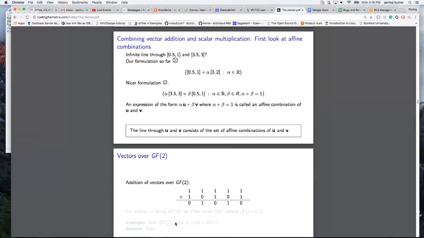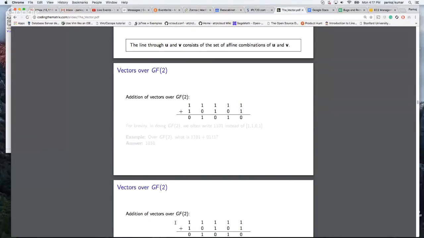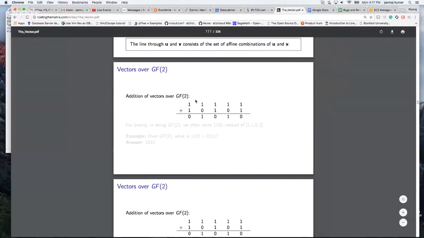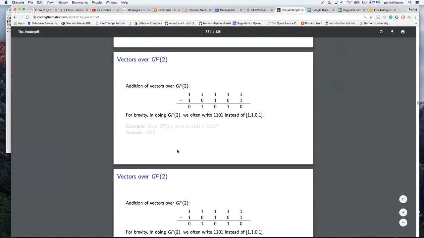Also, like I was mentioning, addition can be defined over other fields as well, like GF2. So here 1 1 goes to 0, 1 0 goes to 1, 1 1 goes to 0.